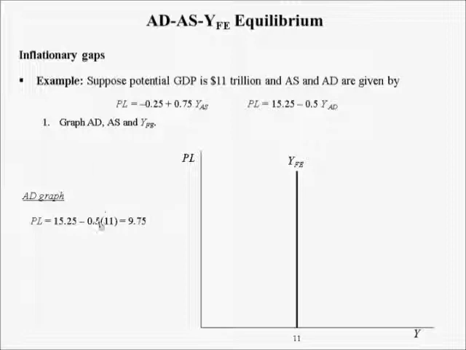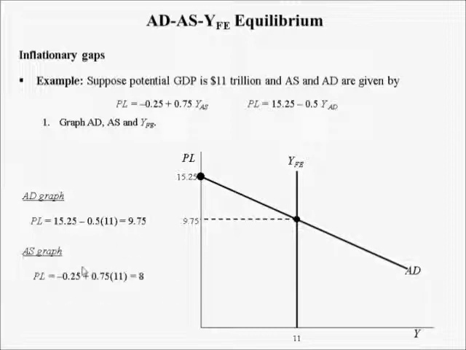Plug that in. So if potential GDP is $11 trillion, then the price level is 9.75 or $9,750. And then, of course, there's the intercept, and the intercept is higher than 9.75, and the demand curve is downward sloping. So for the aggregate supply curve, let's plug 11 in, and we get 8. So we get 8 somewhere down here.